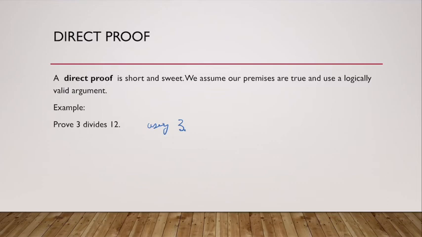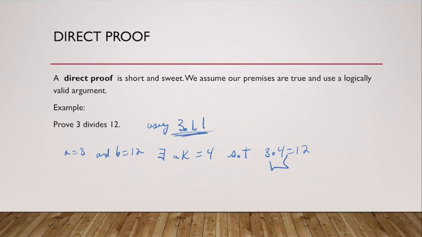So 3 divides 12, so let's let a equal 3 and b equal 12. Then there exists a k, and that k is 4, such that 3 times 4 equals 12, okay? We're using proposition 3.1, which tells us when an integer divides another integer, and that's how we could prove this statement.